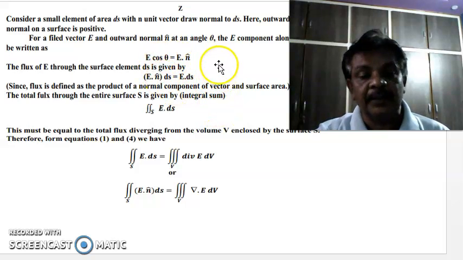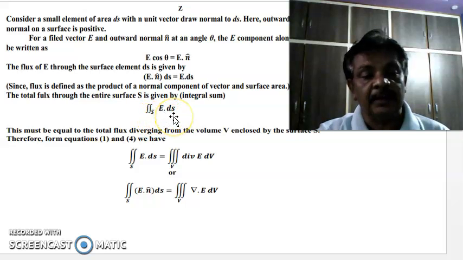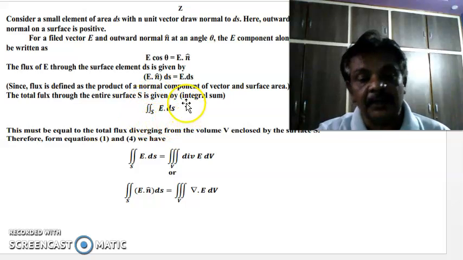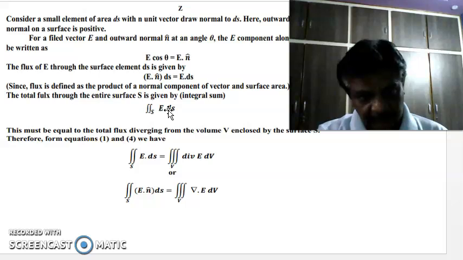The surface element of the total surface S is given by surface integral E bar dot dS bar. From the definition, this is nothing but the flux diverge from the surface S.